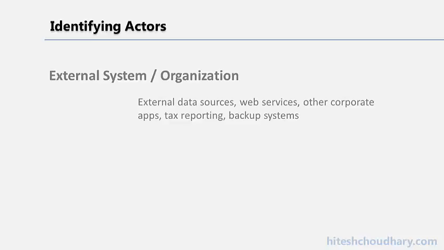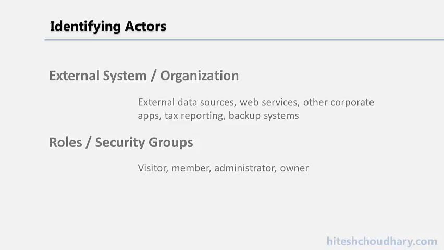Now switching to a human actor, here's a couple of questions. Do you need to distinguish between roles and security groups? Say if you are building a web application, you might have a different use case for visitors, for members, and for administrators. If you are working on an internal corporate application, thinking about different job titles or departments can also prompt these scenarios.